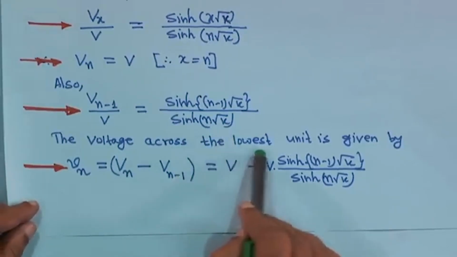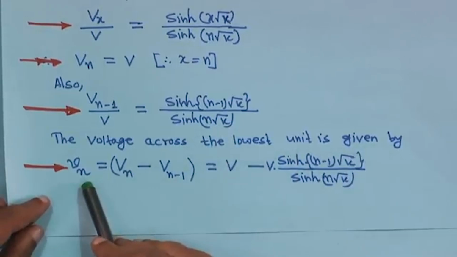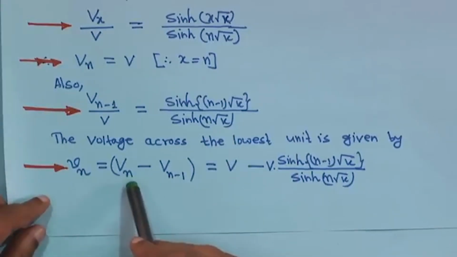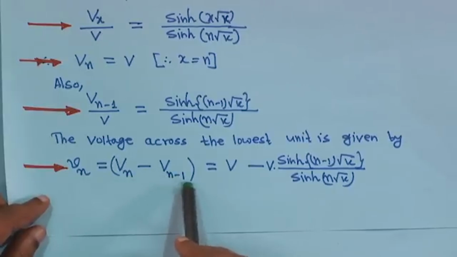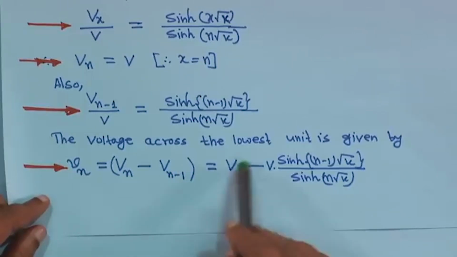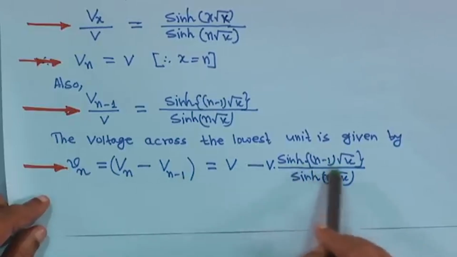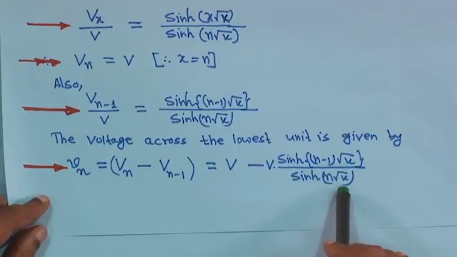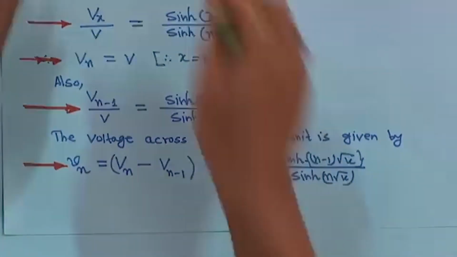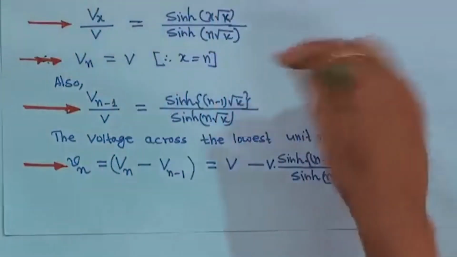Now, voltage across the lowest unit is given by small v n is equal to capital V n minus capital V n minus 1. So, you substitute V n is equal to V and V n minus 1 is equal to V into sinh((n minus 1) root k) divided by sinh(n root k). You only have to recall these formulas.